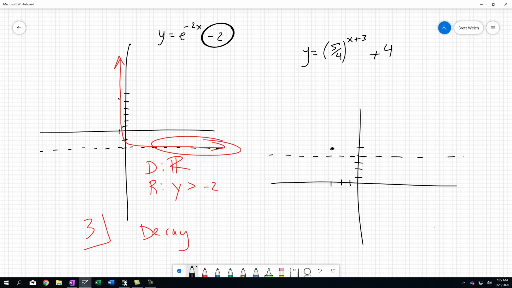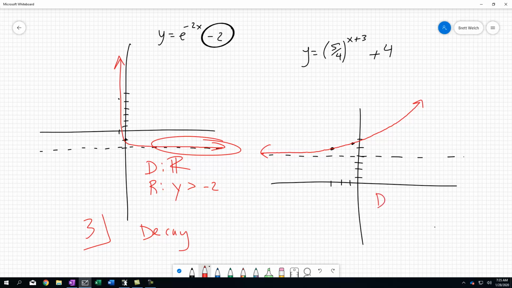Negative 1 was at 5.5, which should be about there. Where this is growing real slowly, sometimes it can be frustrating to actually draw, but just try to do the best you can. It's nice and flat, and then it's going to start curving up, trending upward. You really want to make sure it has that curve, that it's going to eventually get steep and get up there. It just grows real slowly for a long time.